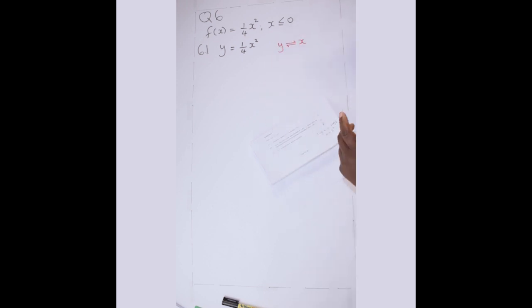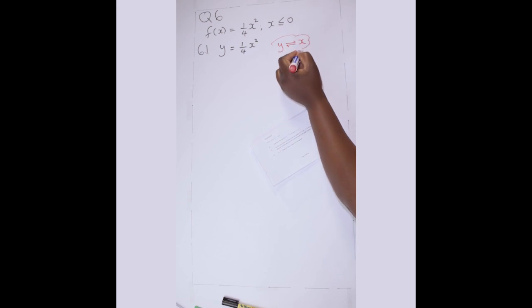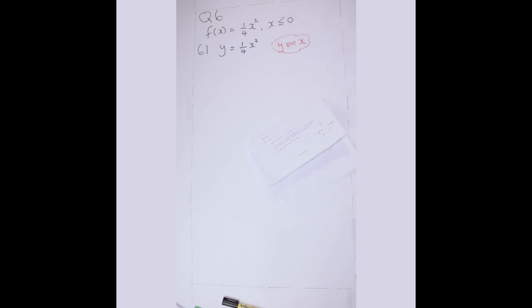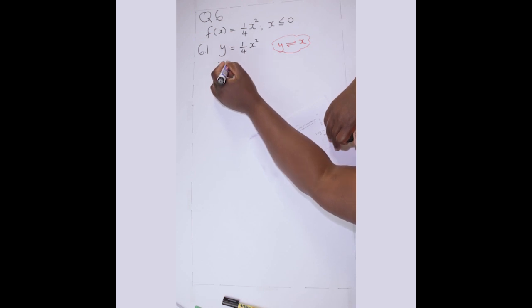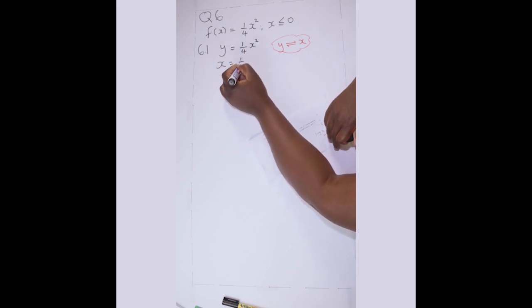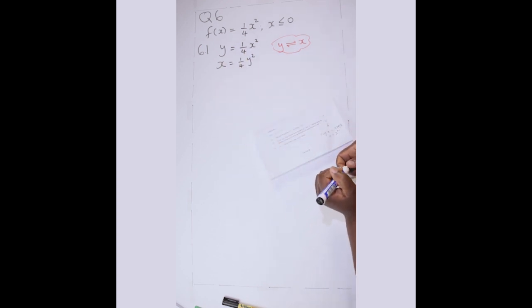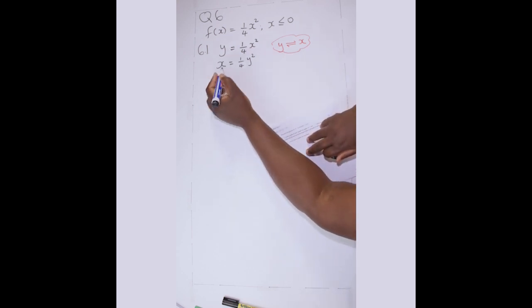In other words, wherever you see x, you put y. When you see y, you put x. So this is what we are going to do. That is x equals 1 over 4y squared. But at the end of the day, we have to write our equation in terms of y. So y must be the subject of the formula.